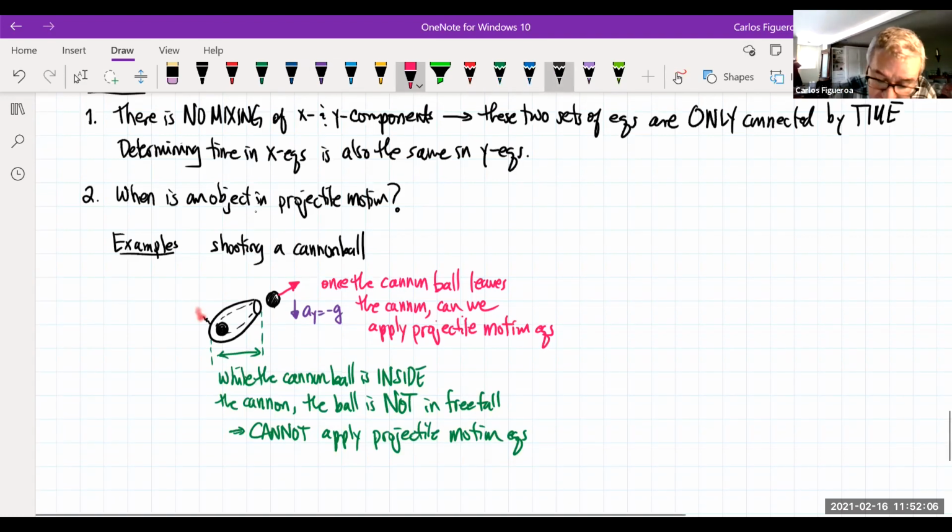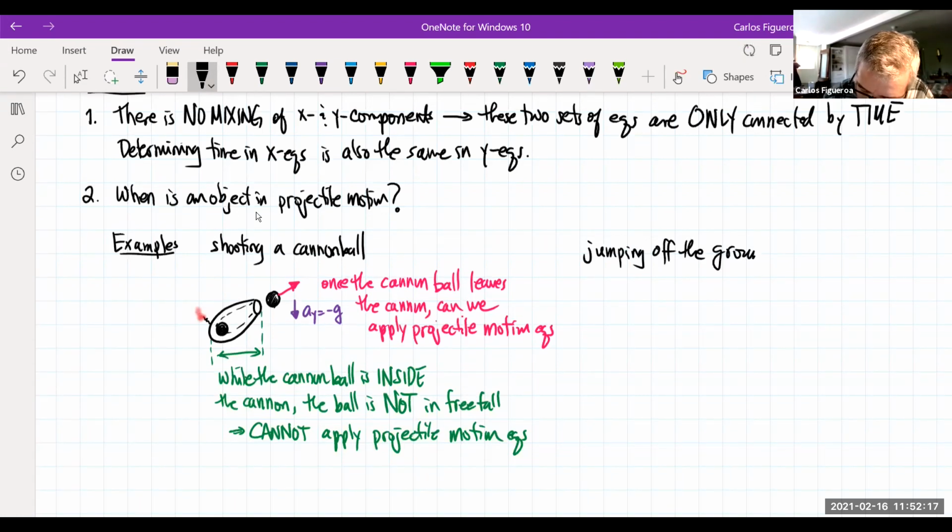Another simple example is about jumping off the ground. Okay, what about jumping off the ground? Well, what do you have to do in order to jump off the ground? If you're going to jump off the ground, what you typically do is you bend your legs like this, and then you're preparing yourself to push off.